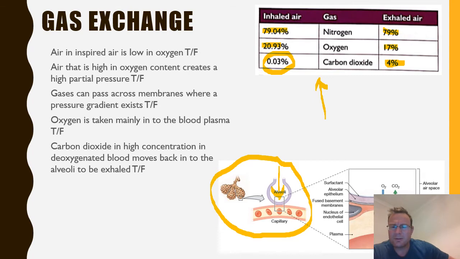So the carbon dioxide in pulmonary blood is driven back into the alveoli. It's all about pressure gradients: the gas arriving in high concentration at the alveoli is transferred into the bloodstream, into the red blood cells, and then carbon dioxide in that blood is exchanged and breathed out.